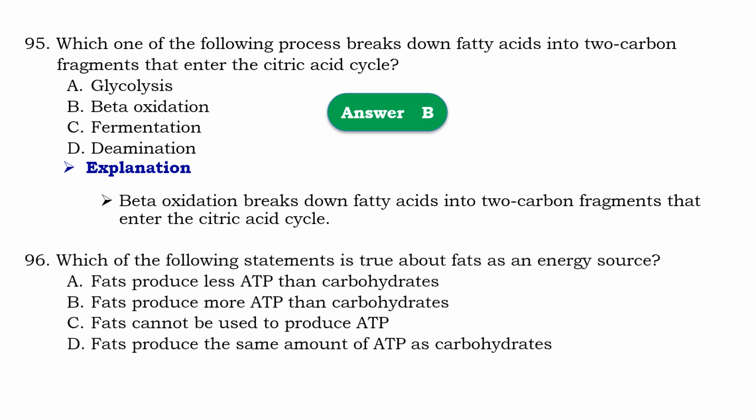Question number 96. Which of the following statements is true about fat as an energy source? So the answer should be: fat produces more ATP than carbohydrate.